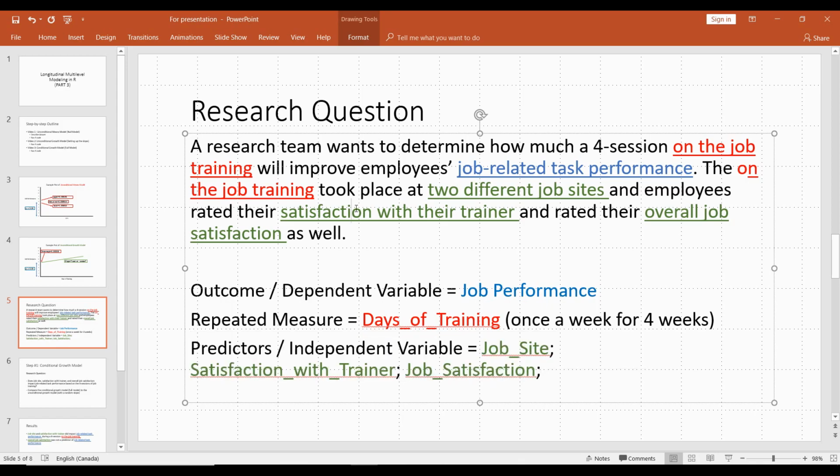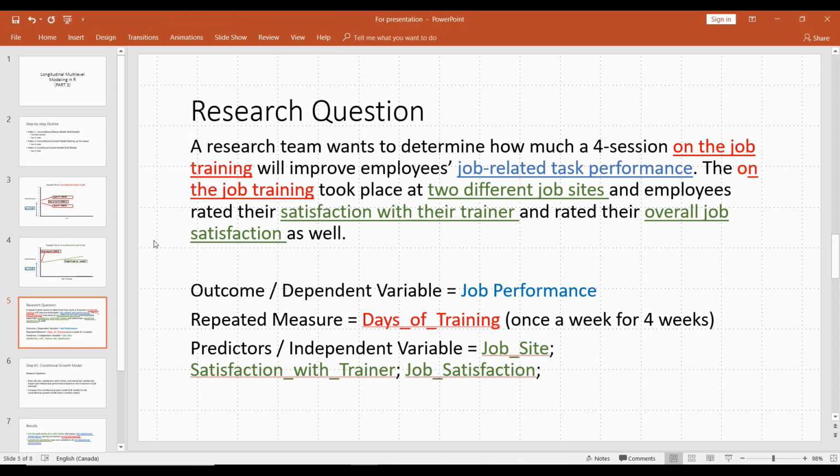So to quickly recap, the research team wants to determine how much a 4-session on-the-job training will improve employees' job-related task performance. The on-the-job training took place at 2 different job sites, and employees rated their satisfaction with their trainer and rated their overall job satisfaction as well.